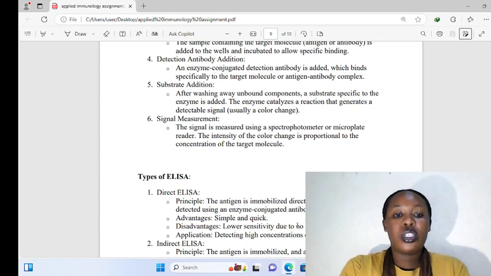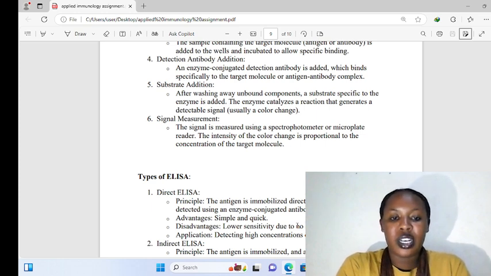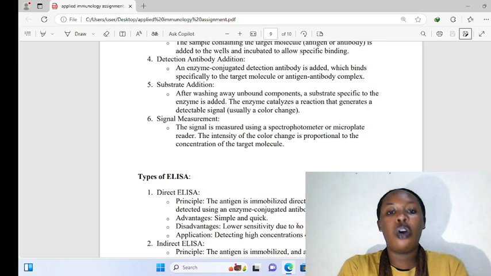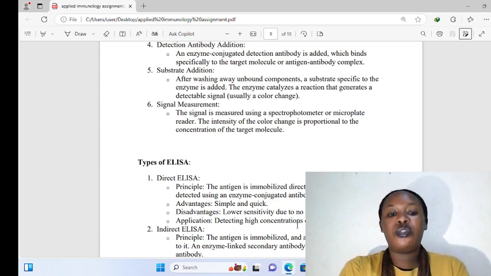Fourth is detection antibody addition. An enzyme-conjugated detection antibody is added, which binds specifically to the target molecule or antigen-antibody complex. Fifth one is substrate addition. We add a substrate for getting a color.